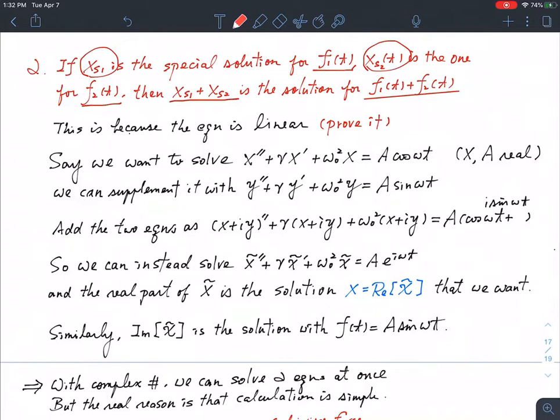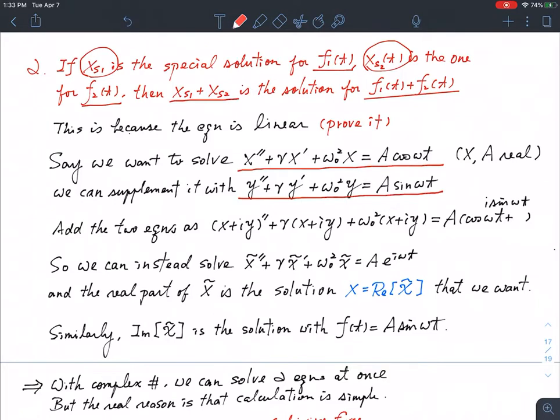We want to mention this property because we would like to solve the equation in a straightforward way. Assuming now we want to find a solution for this non-homogeneous equation with a cosine on the other side, then we can supplement it with a second differential equation where we want to know the solution for sine.